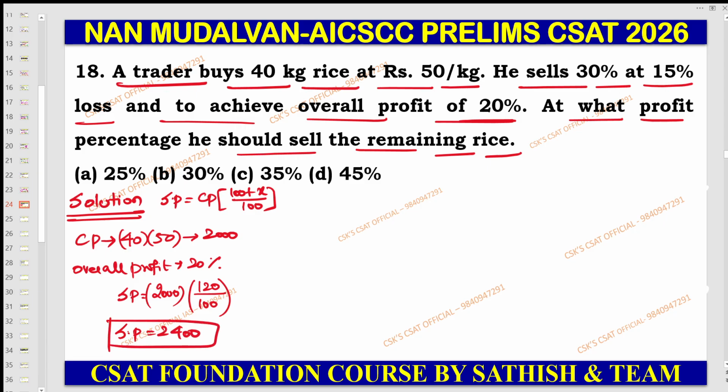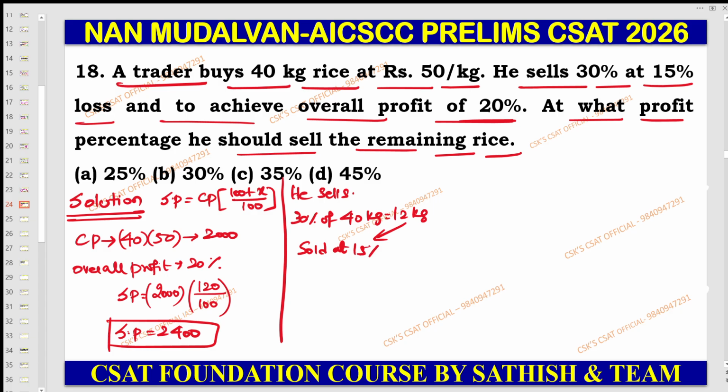SP must be 2400. But what is happening here? He sells 30% of 40 kg. What is 30% of 40 kg? That is 12 kg. This 12 kg is sold at a 15% loss. What is the selling price of this one?